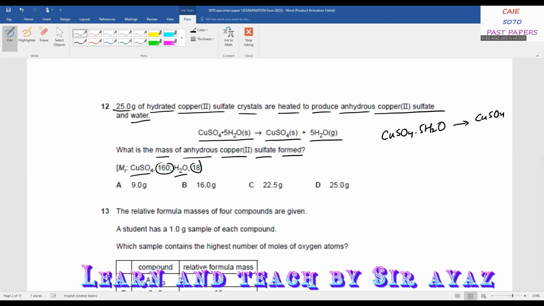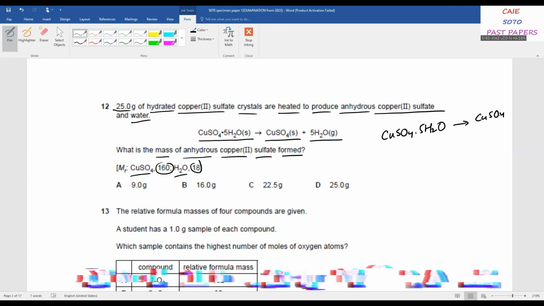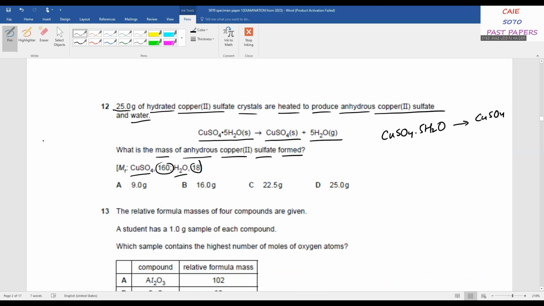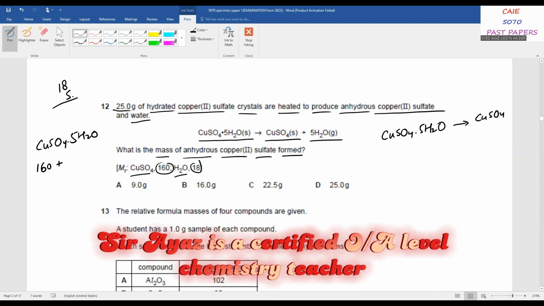So first of all, you need to calculate the MR of CuSO4.5H2O. For CuSO4, it's given, it's 160 plus the MR of water, which is also given, so you will multiply 18 by 5. What you will get? 5 8s are 40, so 90. So 160 plus 90 should be 250.